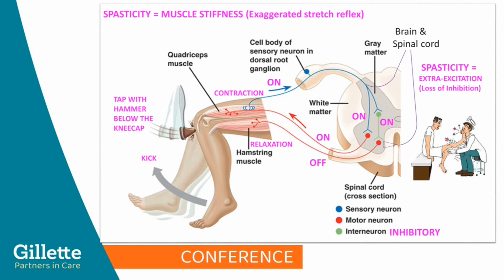Depending on where in that range of motion arc the catch and the increased resistance is felt, it determines how we grade that spasticity. We're going to talk about grading on the next slide. But it's important to note that muscle weakness and poor selective motor control, both being associated with central nervous system injuries, are often proportional to spasticity.